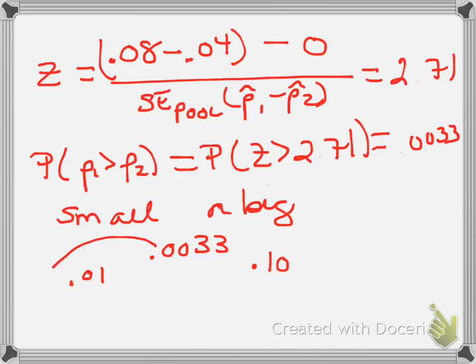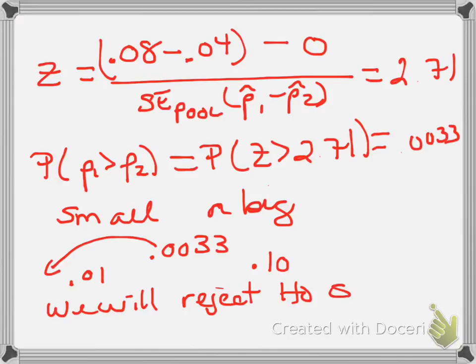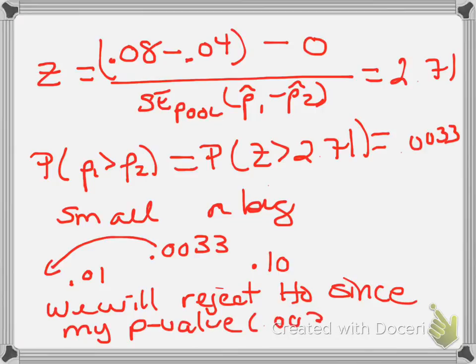So do you agree with me that this number is less than? So we will reject H0 since my p-value of 0.0033 is small. I can't compare it to alpha, so I'm going to say that it is small.